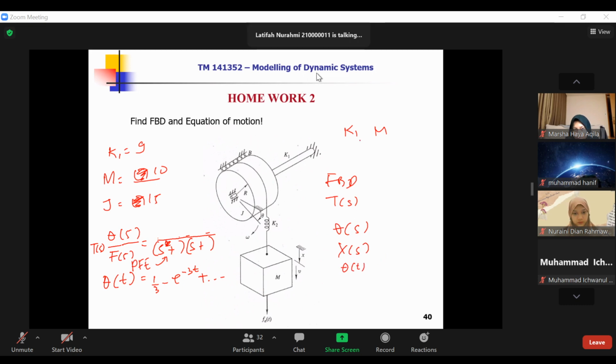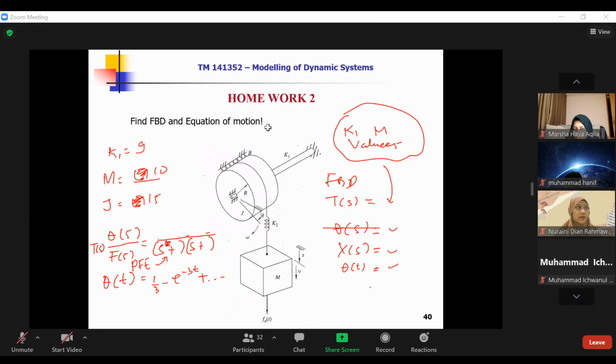If all these values are given, you should substitute all the values that you found. It cannot be in symbolic anymore. So that will be the quiz.